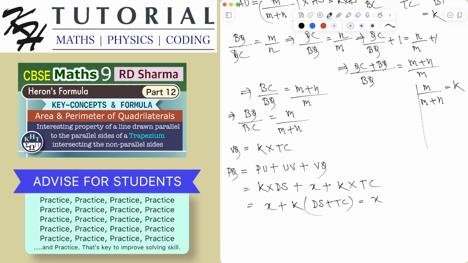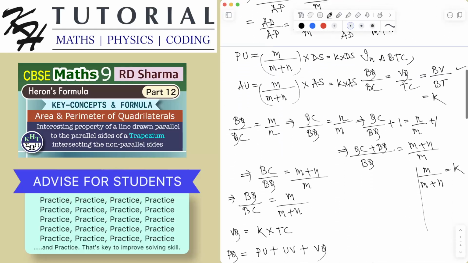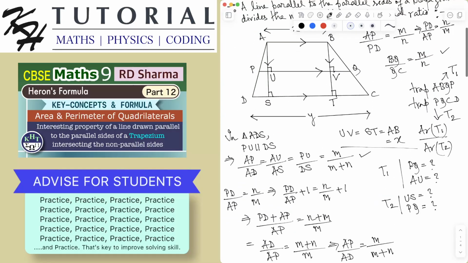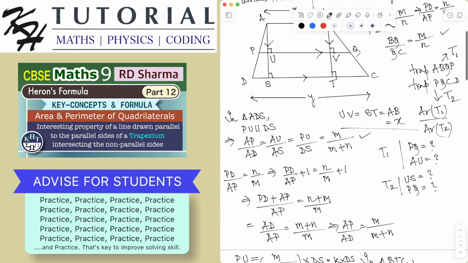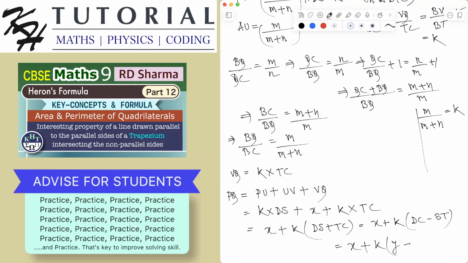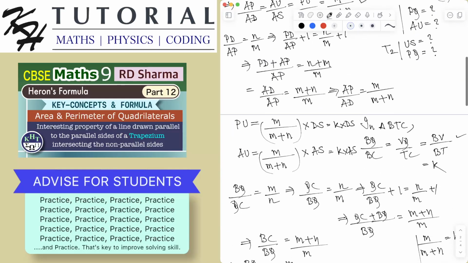This is equal to X plus K times DS plus TC. DS plus TC is equal to DC minus ST. So this is X plus K into DC minus ST. DC is Y, one of the longer parallel sides of the original trapezium. And ST is X, the length of the shorter parallel side AB.